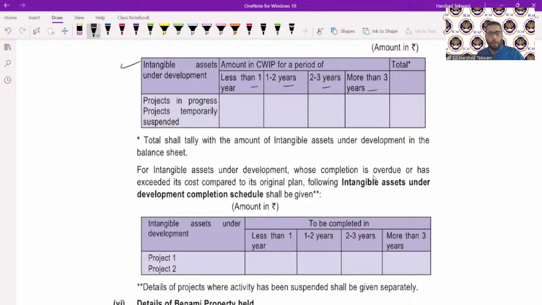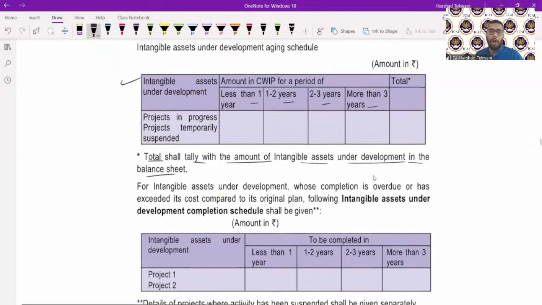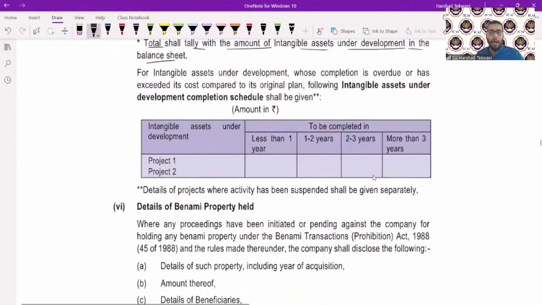The total shall tally with the amount of intangibles under development in the balance sheet. Also, I need to provide a completion schedule, when these intangibles under development will get completed.